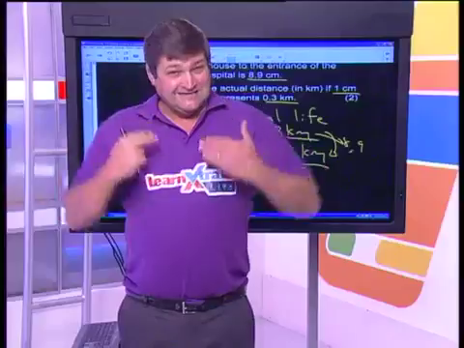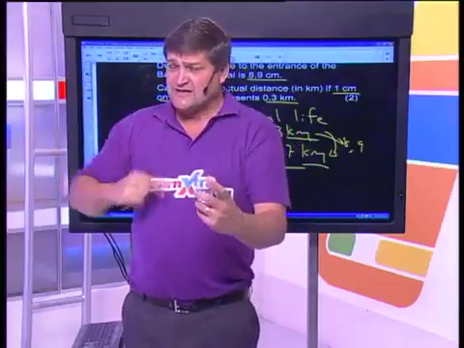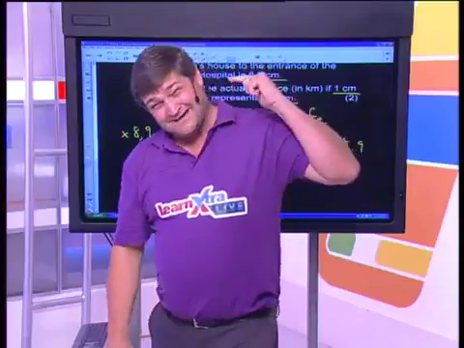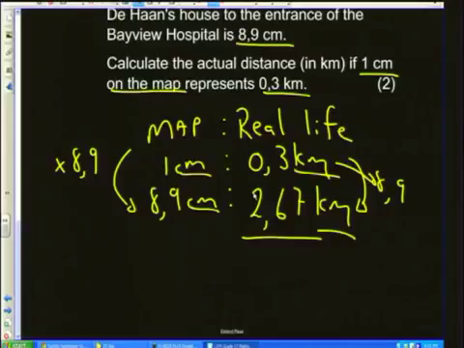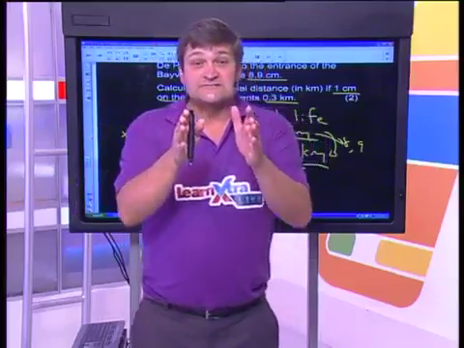So the distance on the map between Mr. Dahan's house and the hospital entrance is measured by a ruler as 8,9 centimeters. But in real life, if I got in my car and I drove that distance, I would be driving 2,67 kilometers.